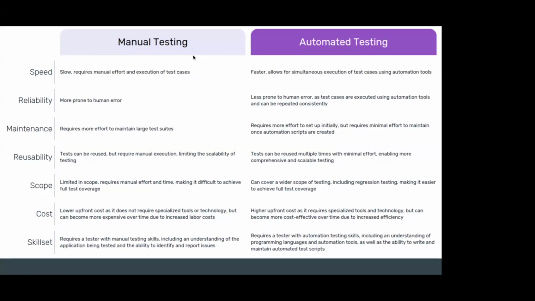For reusability, manual testing, you can have procedures laid out that can be reused, but during the process of manual execution, it depends on the individual doing the actual testing. So there tends to be an opportunity for variation in that step. But for automated testing, everything happens according to the way the code is laid out. In terms of scope, manual testing tends to be limited in scope.